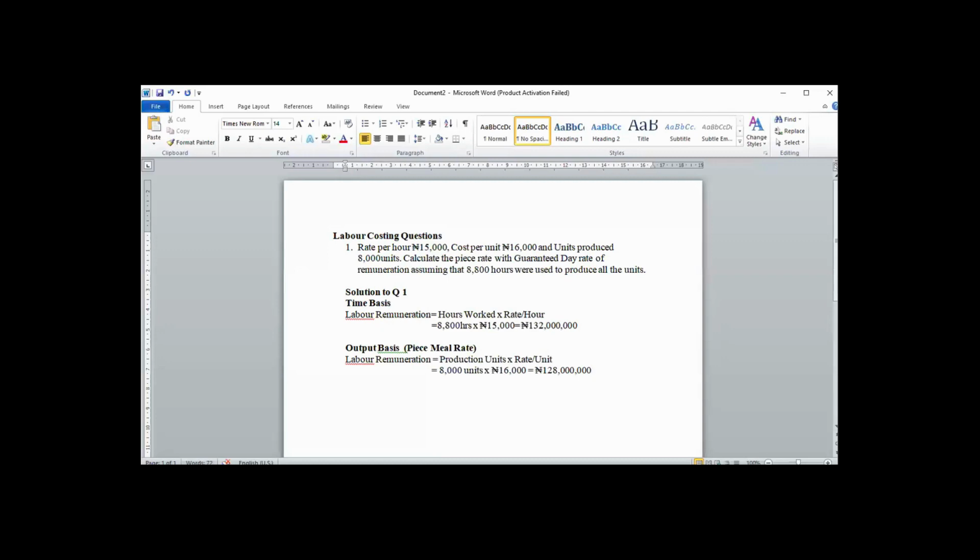Are there times where the output basis can be higher than the time basis? Yes. But this kind of question, they've not tested it in the past. The next question we are going into, that is what you should be expecting in your exam. That one is very, very technical. Is it clear?